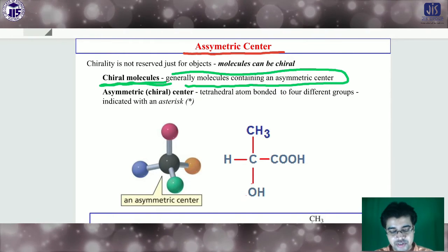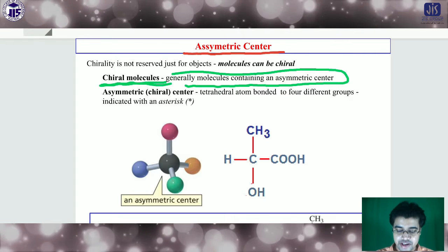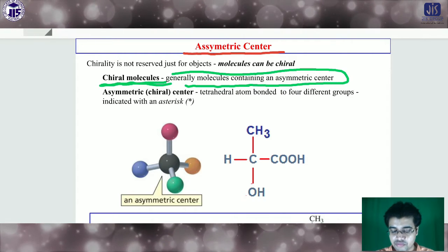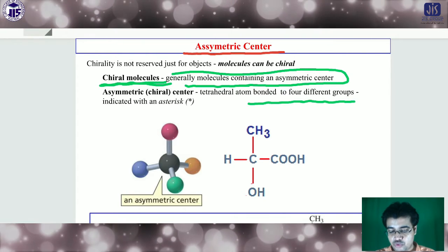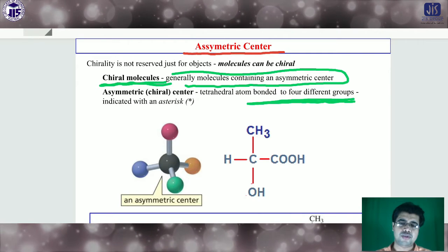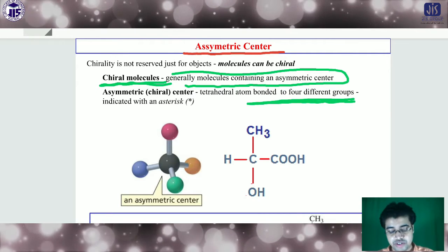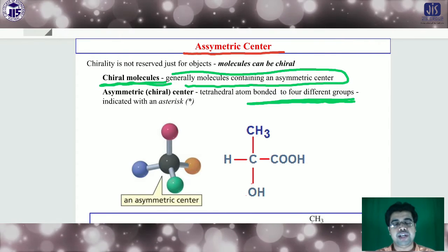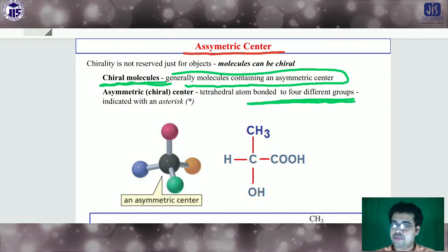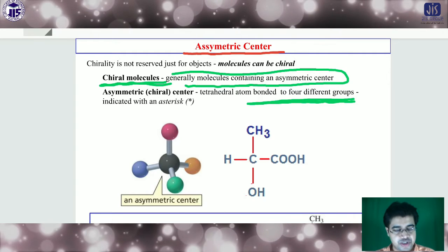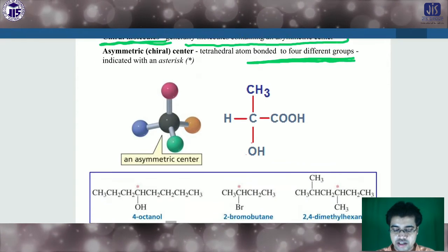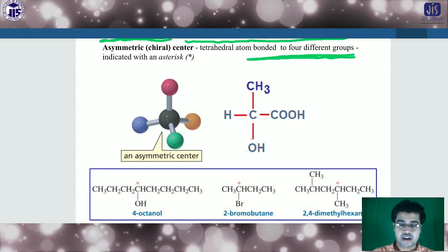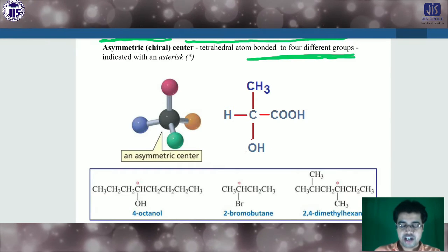Now what is the asymmetric center? Generally, an asymmetric center means the bonded atoms are four different groups. If we consider a tetrahedral molecule, generally we take the carbon atom, which has valency 4 and four bonded atoms, and we consider it the asymmetric carbon center.